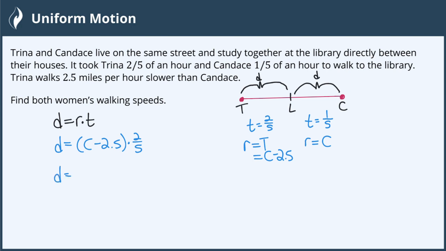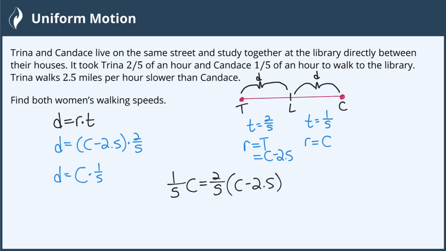Her distance is her rate, which is C, times her time, which is 1/5. And because these two equations have the same distance value, we can set them equal to each other, or think about it like you're substituting the second equation into the first. That means we are now solving the equation 1/5 C equals 2/5 times C minus 2.5.